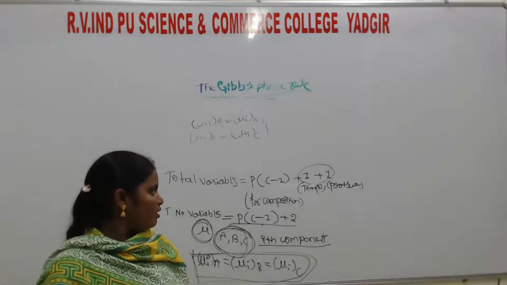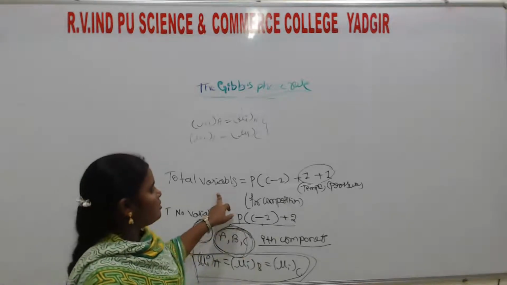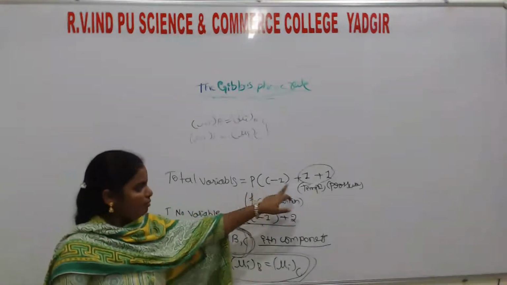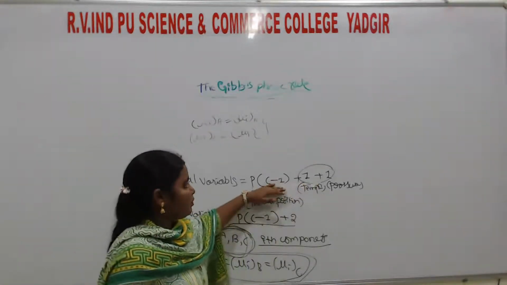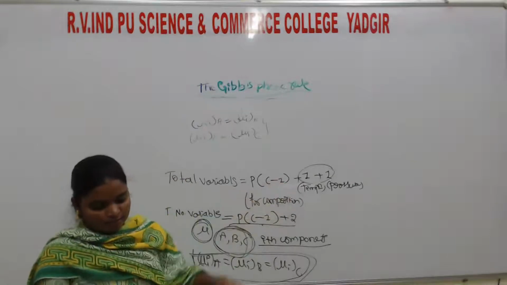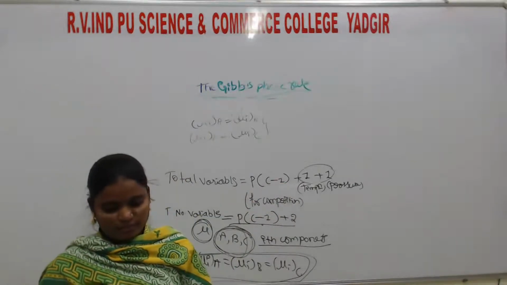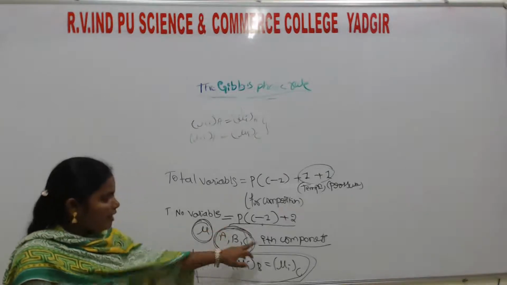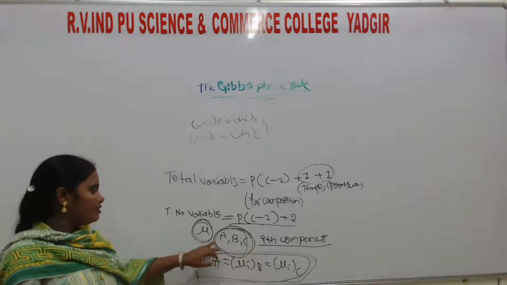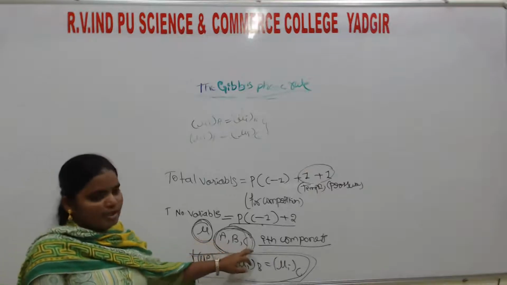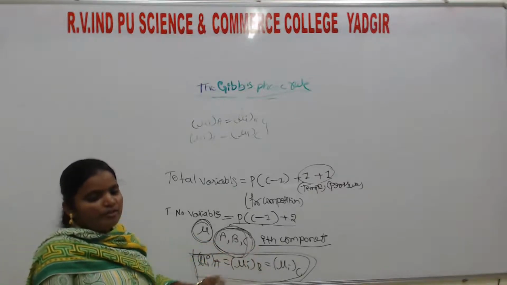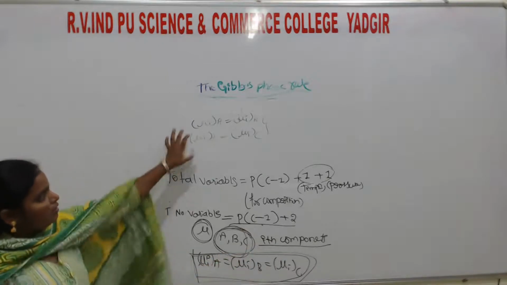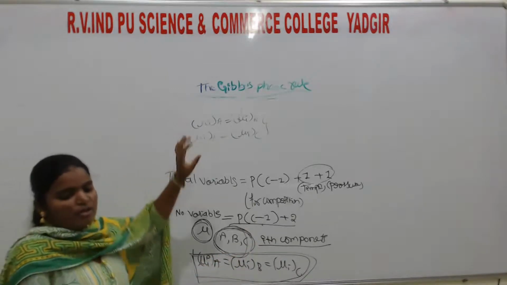Next, to remember this equation: the number of variables is equal to P into (C minus 1) plus 1 plus 1. This is a very important equation. Here I consider the ith component and P phases, the phases A, B, C. With three phases present, two equations are known for each component.